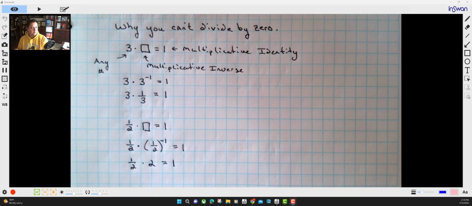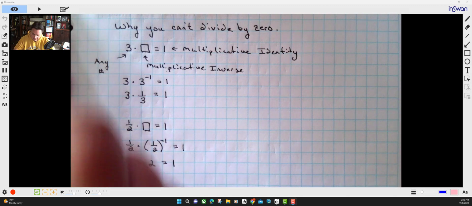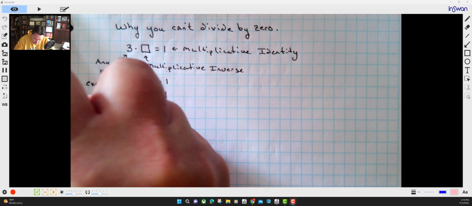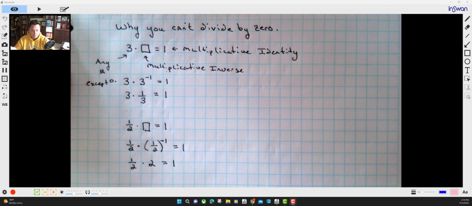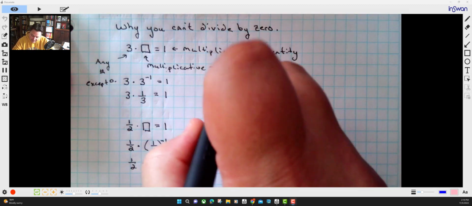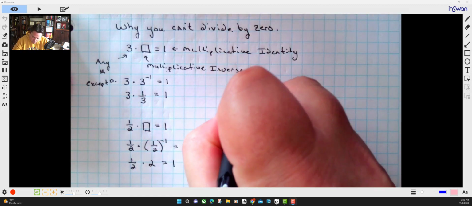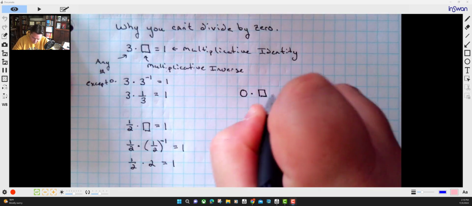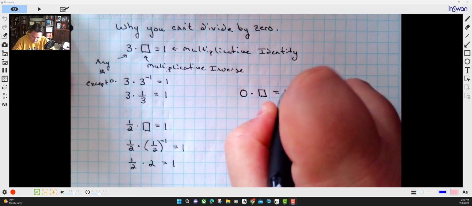Now here's where it becomes a little bit tricky. What about the number 0? Why do we say that we can use any number up here except 0? Let's look at that. What we would have to have is that 0 times its multiplicative inverse would have to equal 1.